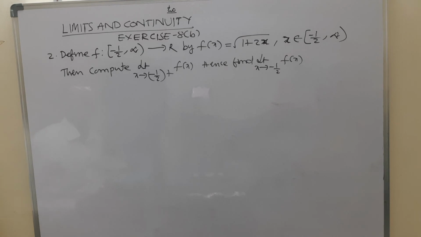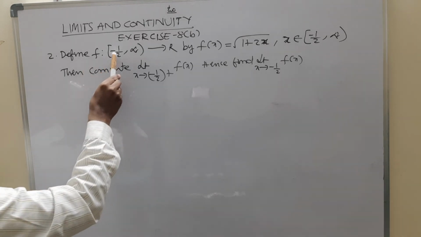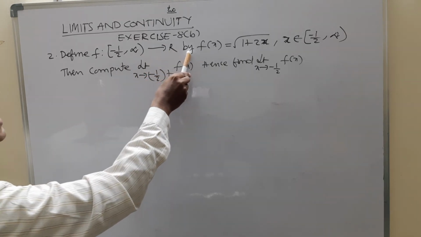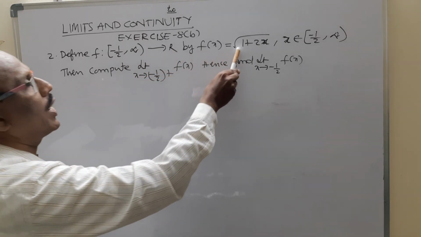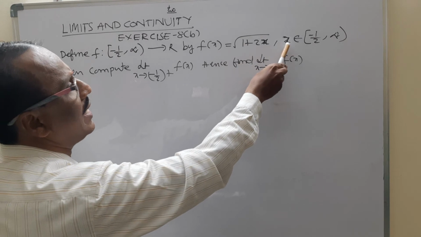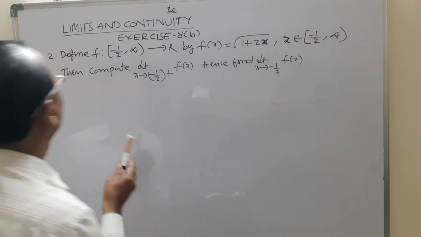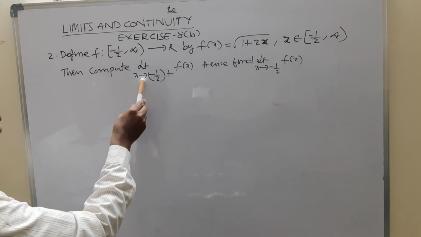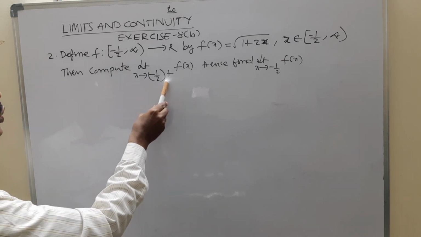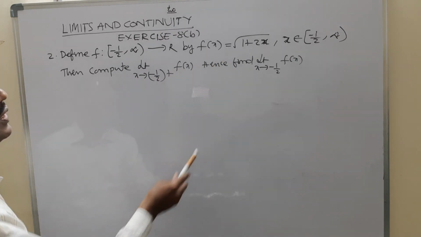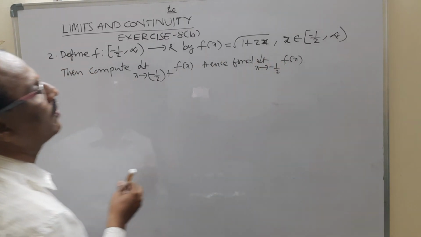Question number 2. Define f from the interval minus 1 by 2 comma infinity to the reals by f of x equals square root of 1 plus 2x, where x belongs to minus 1 by 2 comma infinity. Then compute limit x tends to minus 1 by 2 plus of f of x. Hence find limit x tends to minus 1 by 2 of f of x.